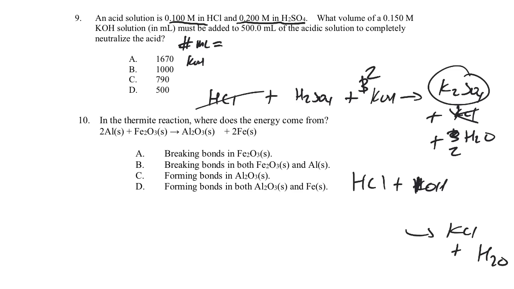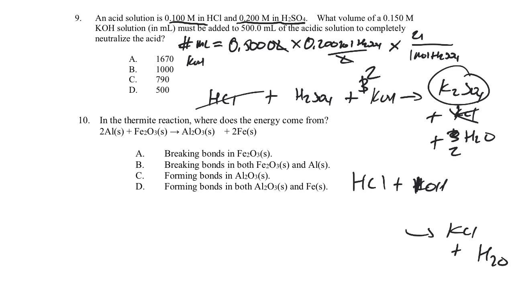So we have 500 mL of the acidic solution, so I have 0.500 liters of the acid solution, 0.200 molar H2SO4 per liter, and then for every 1 mole of H2SO4, I'll need to add 2 moles of KOH, and then for every 0.150 moles of KOH, that's 1 liter of that solution.